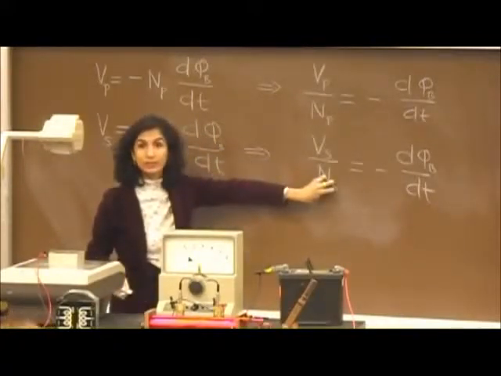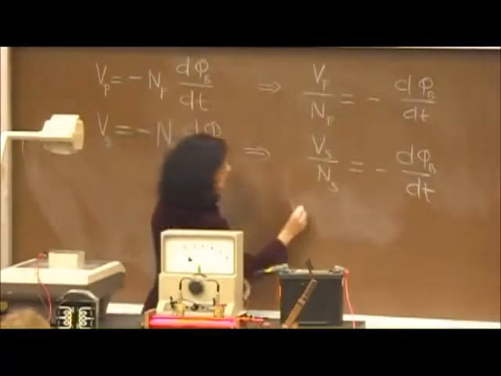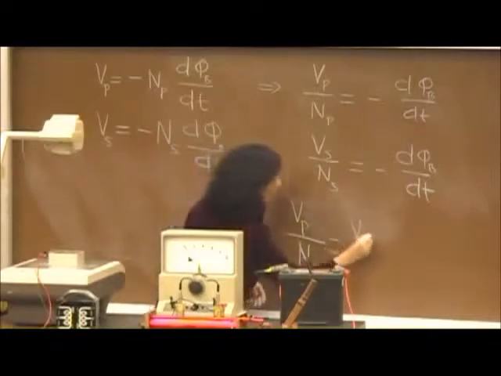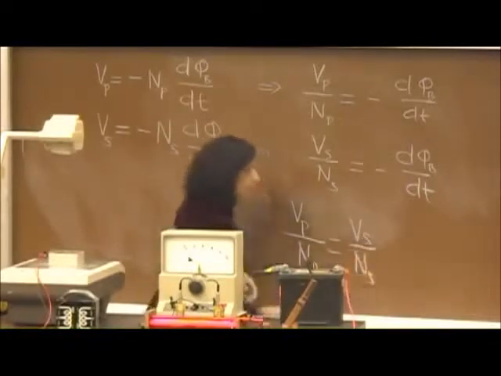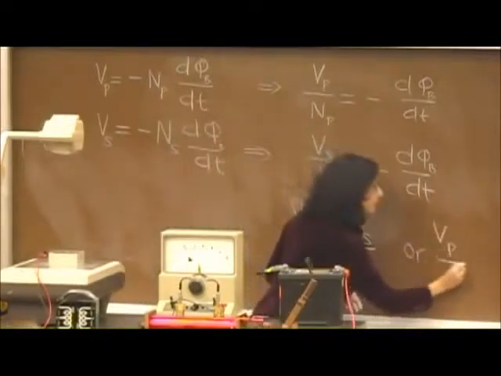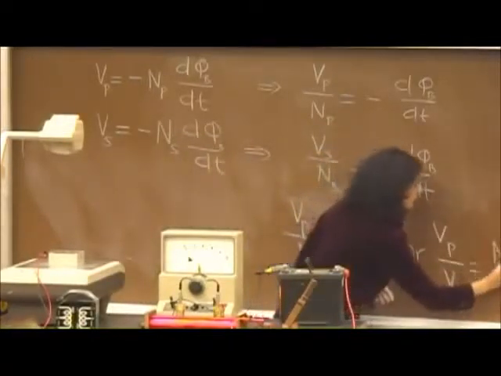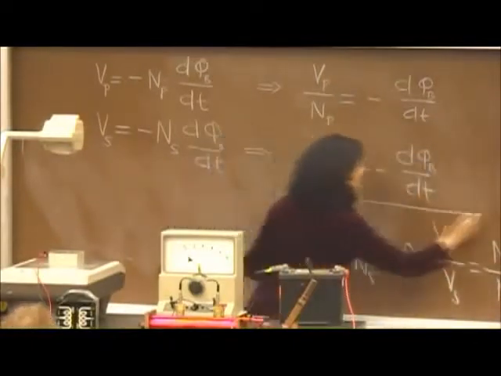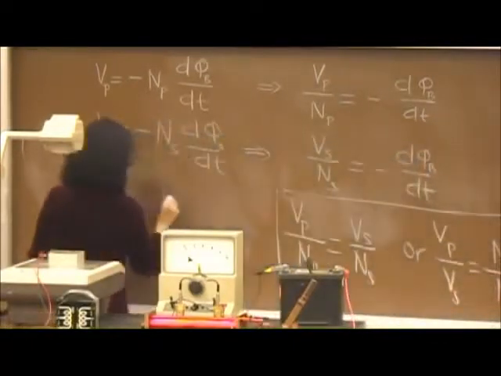Shouldn't it? And that equation is the most important equation for a transformer. This is called the transformer equation. Or another way to write this is V_p over V_s is equal to N_p over N_s. This is called the transformer equation.